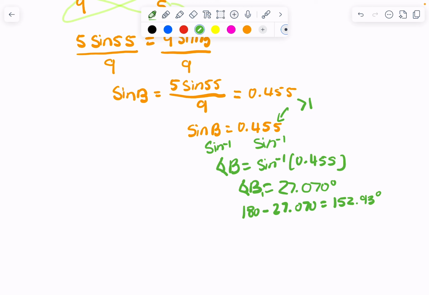So that would be your 2 angles. So that means angle B2 is 152.93. So how would you know if there's 1 or 2 triangles?